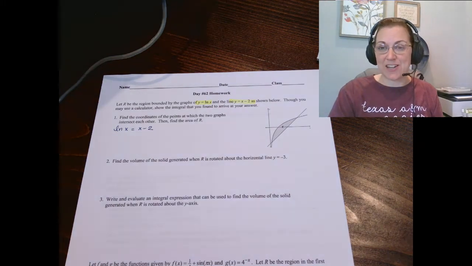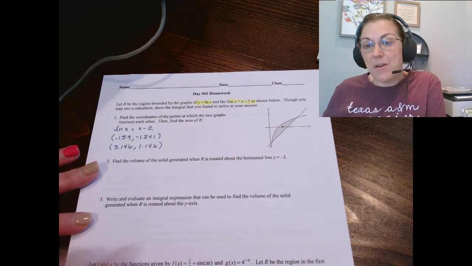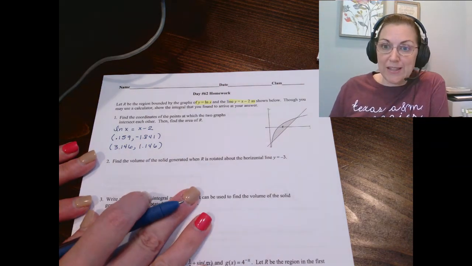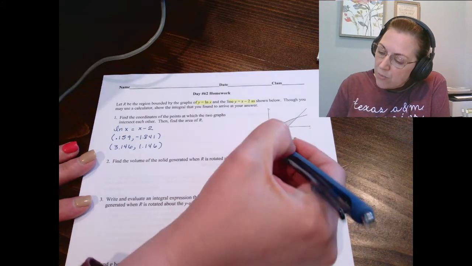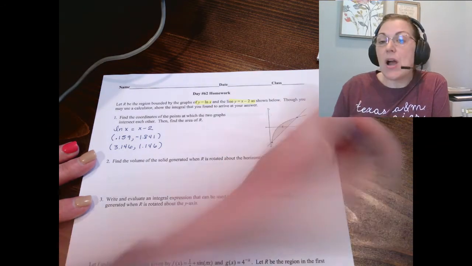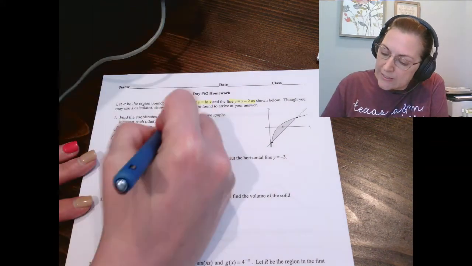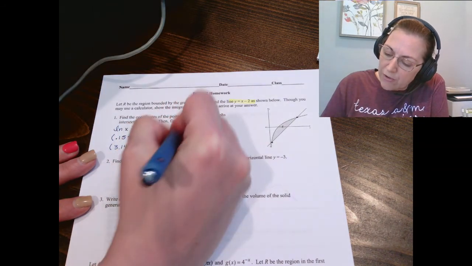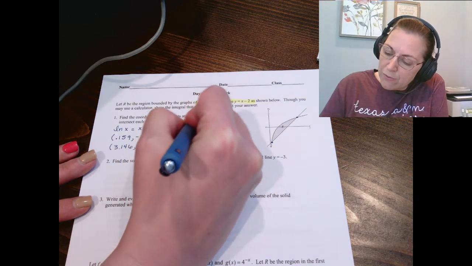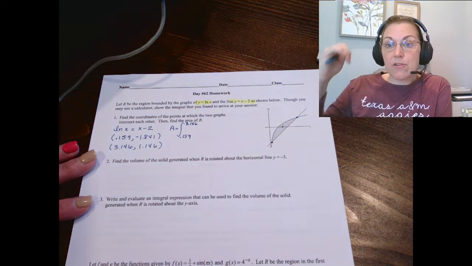I'll find that intersection. Now that we have both of those solutions, let's go ahead and write the integral for the area. So we have our first intersection point there, our second intersection point there. I'm going to do our integral in terms of x. So our integral is going to go from 0.159 to 3.146. We're going to do the top curve minus the bottom curve.